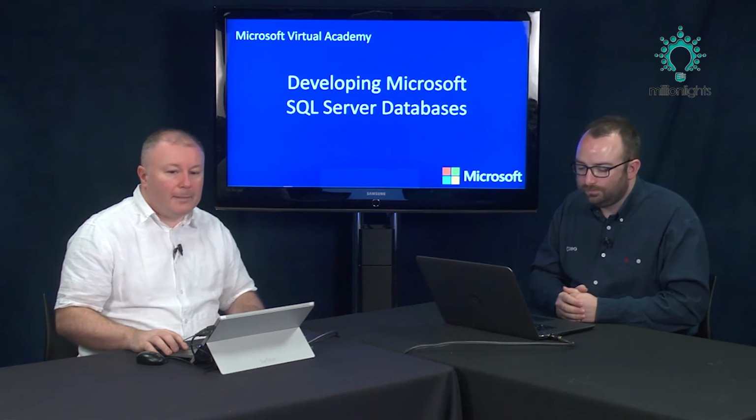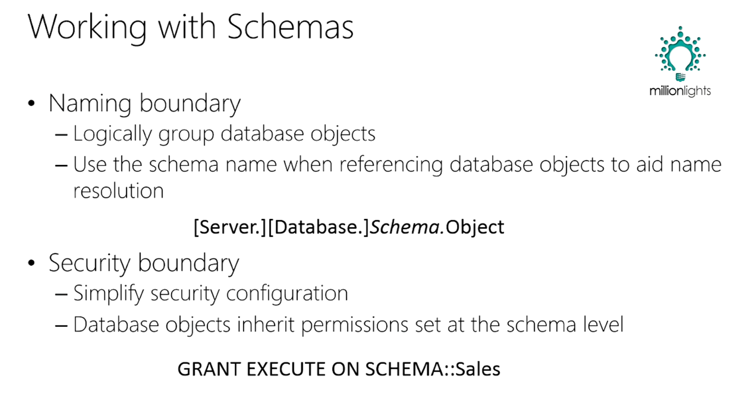Okay, great. And the next part is really around a security boundary, so we can apply specific security to schemas. If you wanted to provide access for a new user to everything within a specific schema, or a set of tables and objects, you would put them within a schema, and it makes it easier to be more specific about the security and access that we want to provide to users.